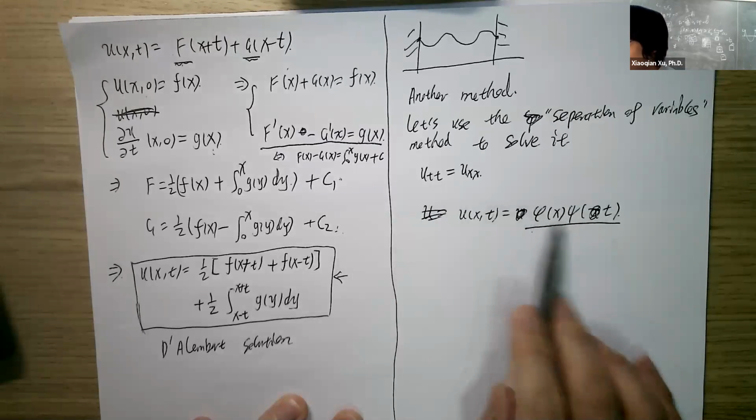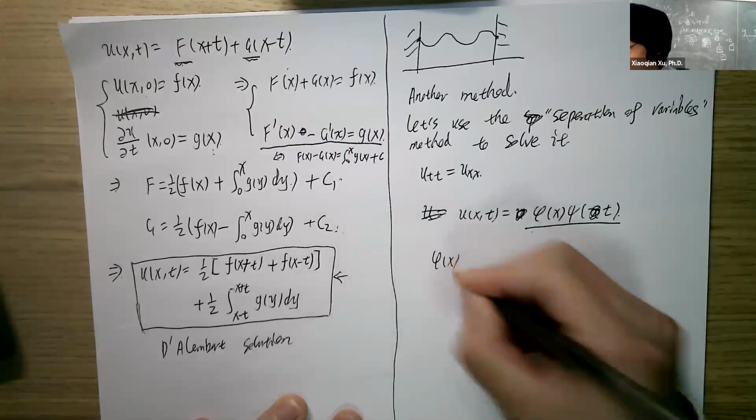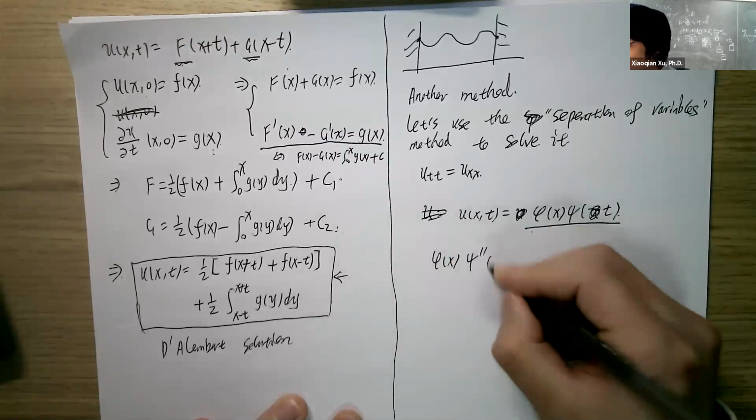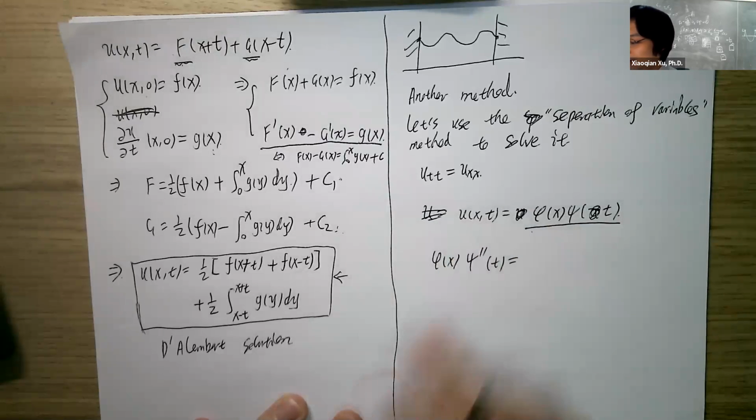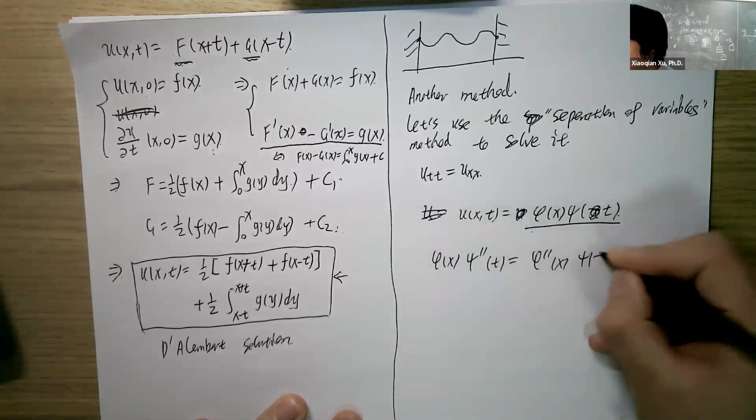You find that the right-hand side is just phi x times psi double prime t, right? The left-hand side is just phi double prime x psi t.